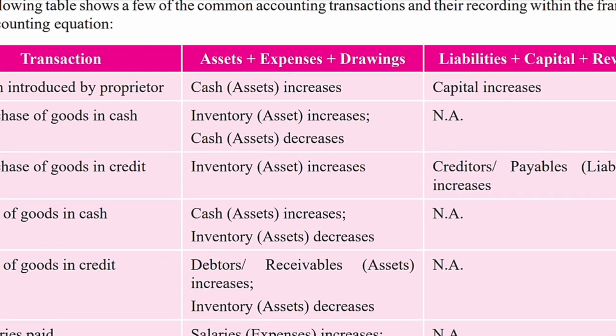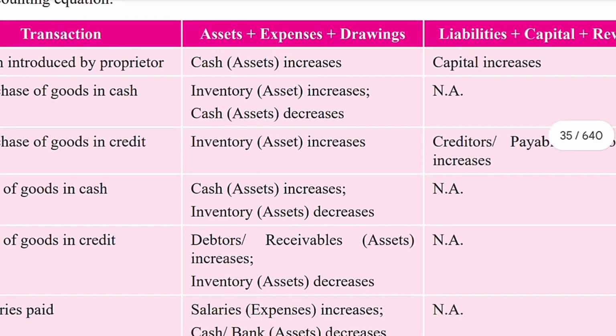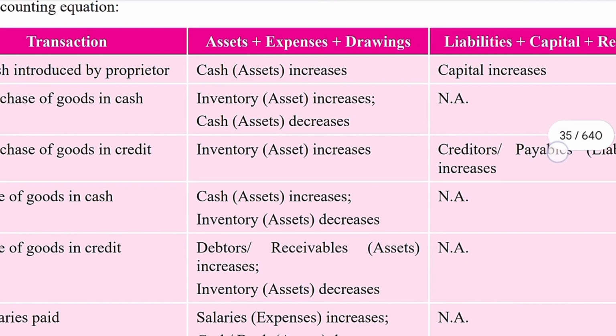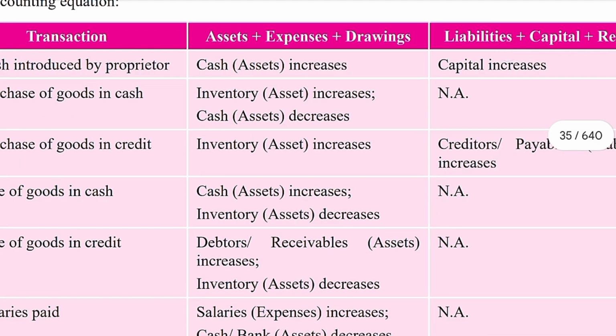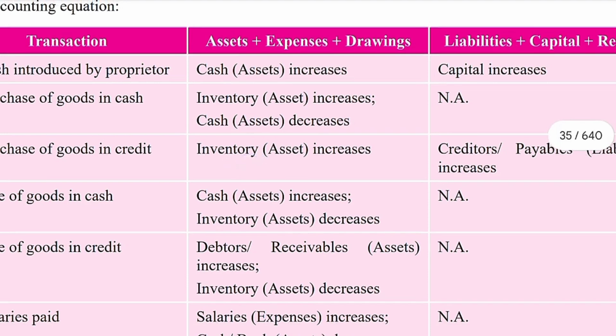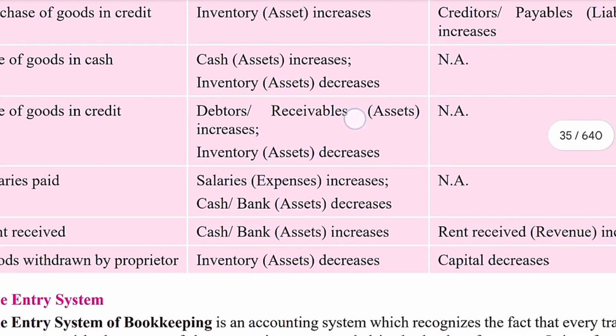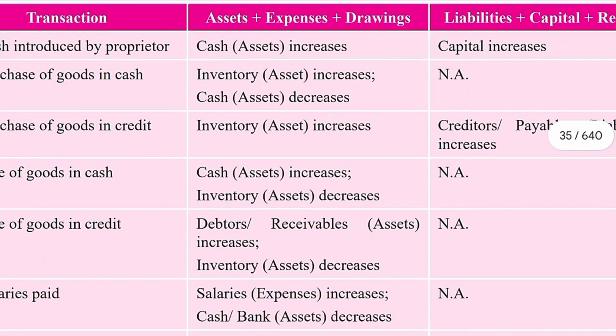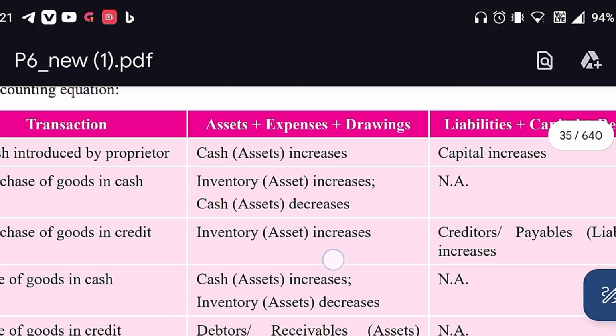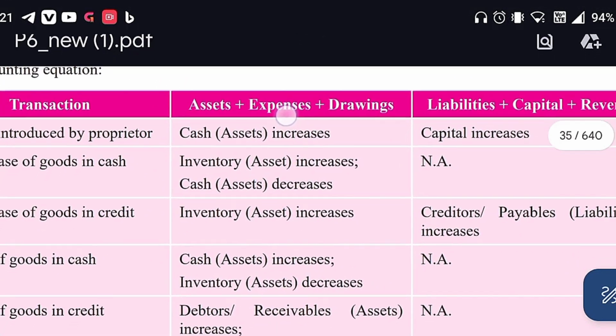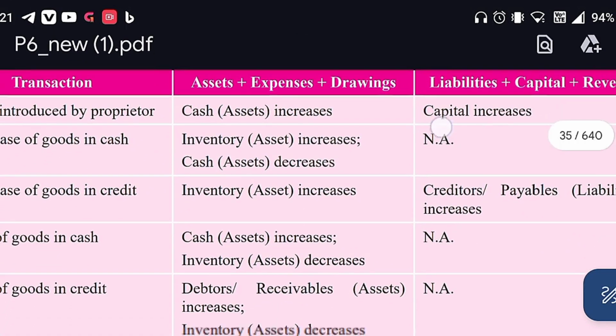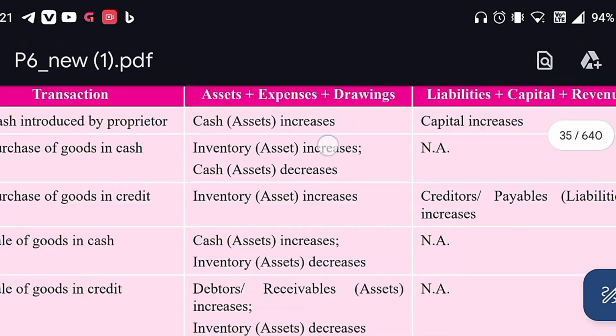And the other thing is, when goods are purchased for credit, what happens? Creditors increases, so it comes under here. If you focus deeply, you will understand that if there are two transactions under this head, there will be no transaction here because it is already balanced under this head itself.